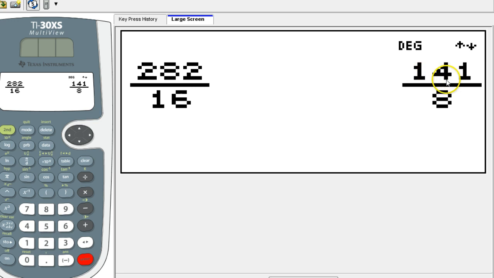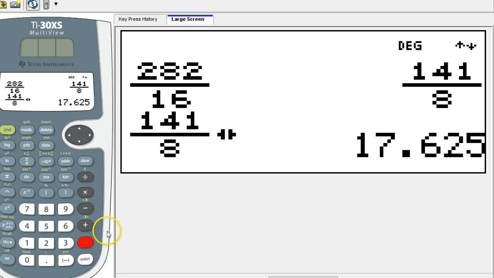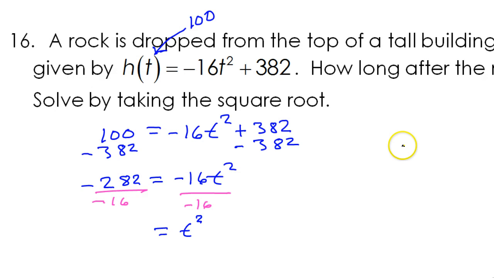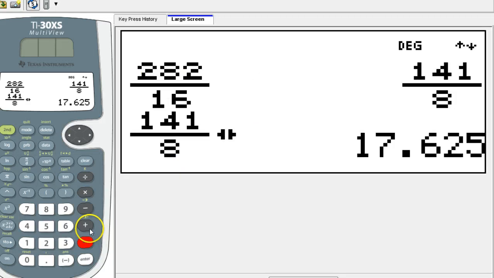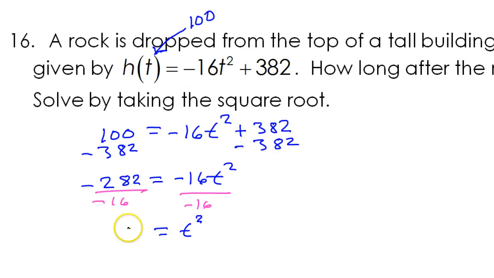That is 141 over 8, which is 17.625. You know what? I think I'll leave it as a fraction for a minute. So 141 over 8. Leave it like that just for a minute. I mean, it doesn't really matter.